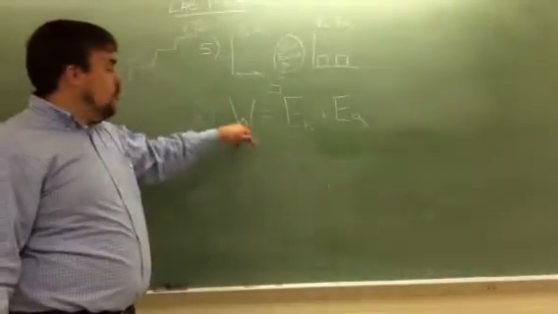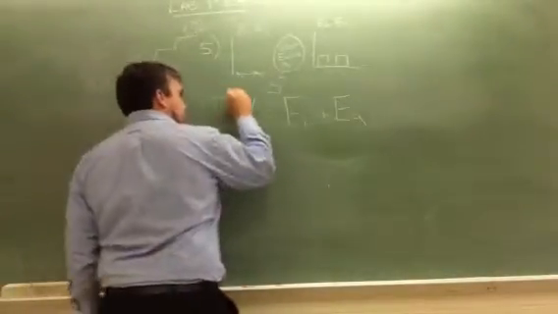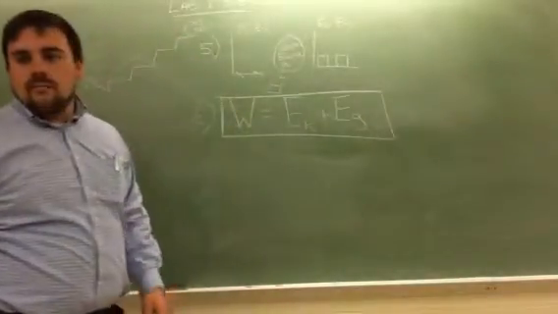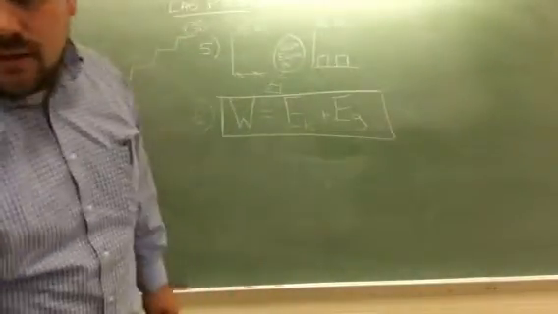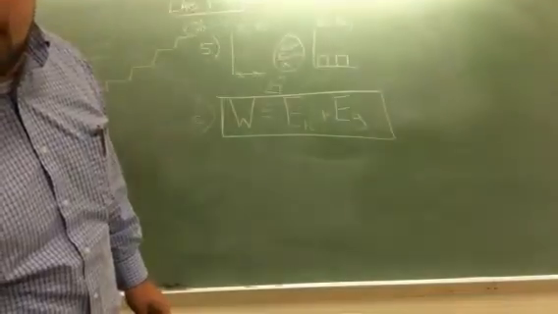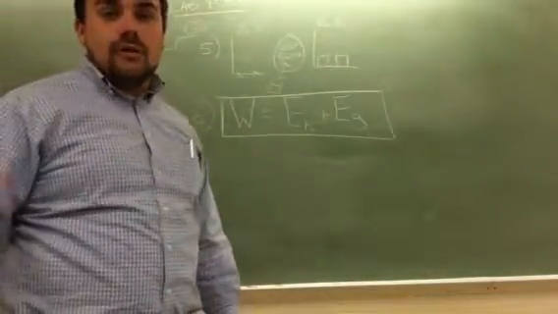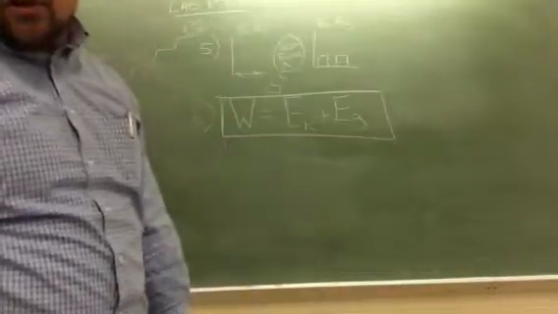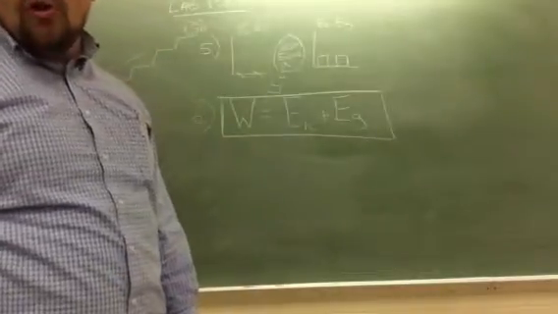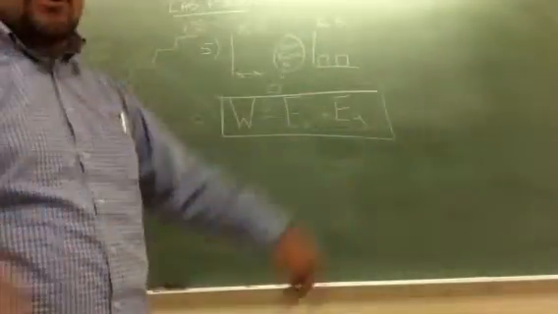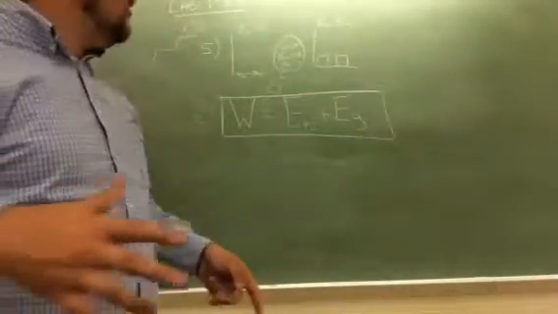This part is huge because this is going to help us answer the question down in the analysis. Like for instance, this is really important because some people in Blue Day kind of struggle with this. If you scroll down, the analysis asks the question, how much total energy was added to the system in order for you to be able to get up the stairs and have some velocity?